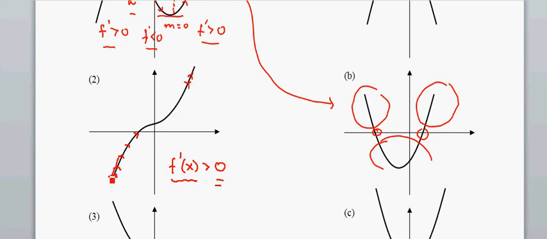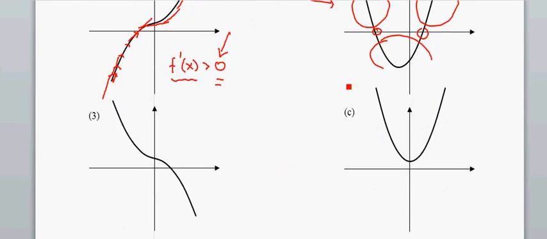So the slopes are very large and positive, becoming less large and positive, and less large and positive, then growing again. So we're looking for a function that always stays positive, but is smaller and smaller, and then gets larger and larger. That's right here, right? All positive values, but values that are getting smaller and then getting larger. So letter C is the derivative of the graph of number 2.